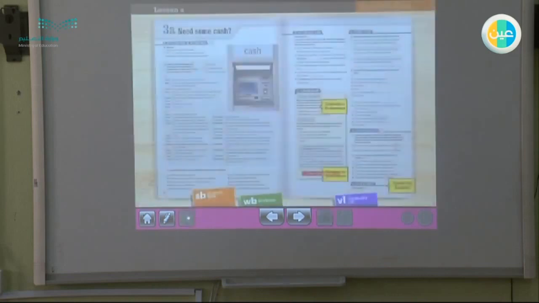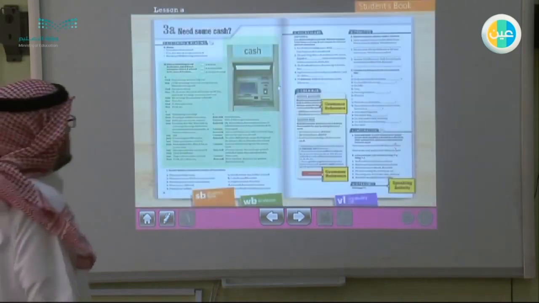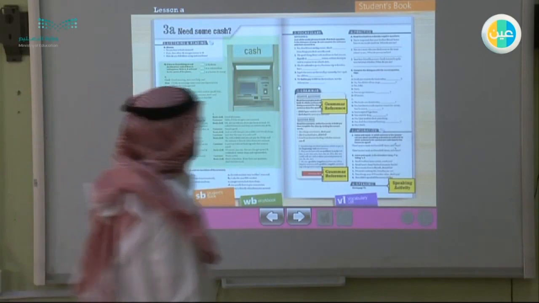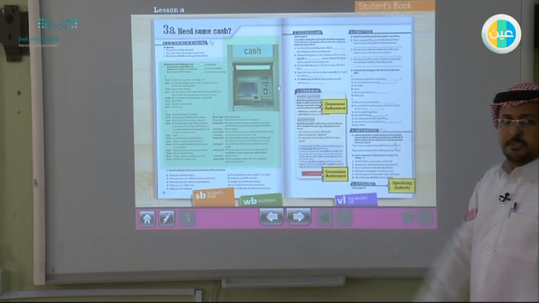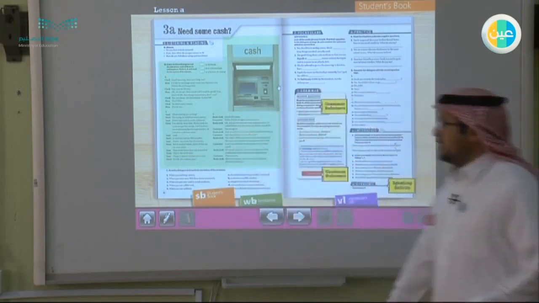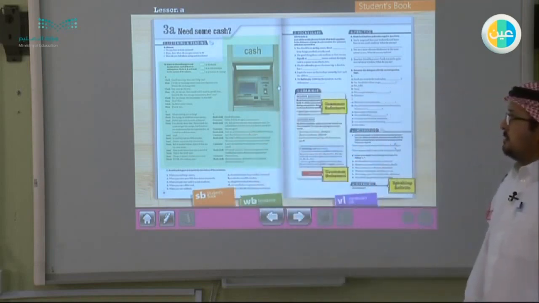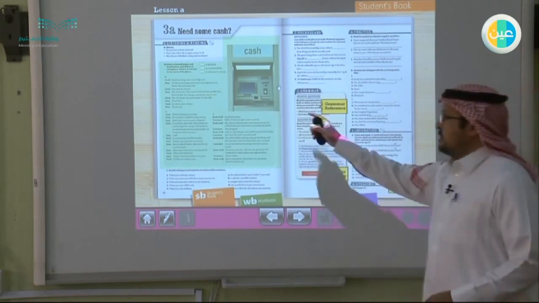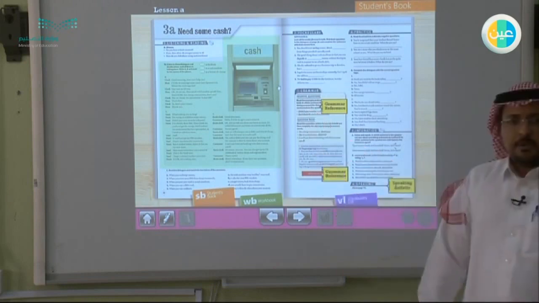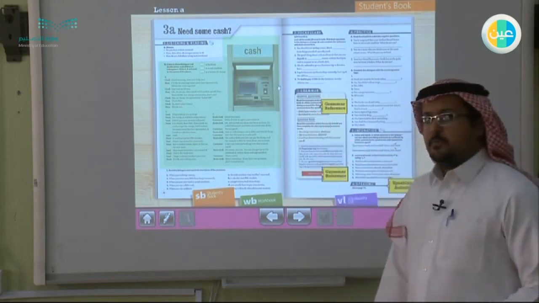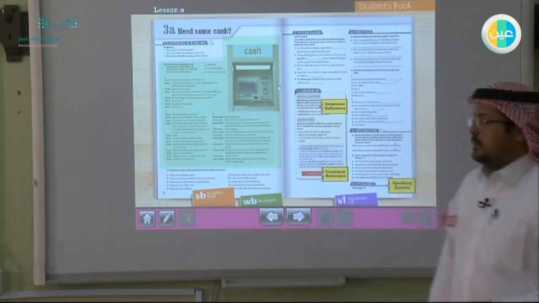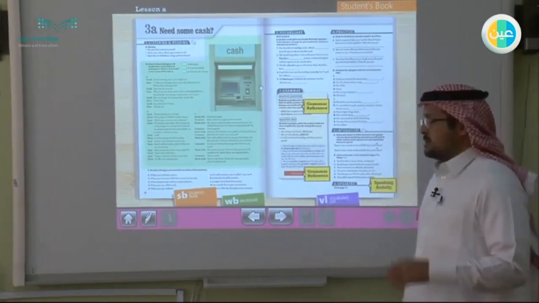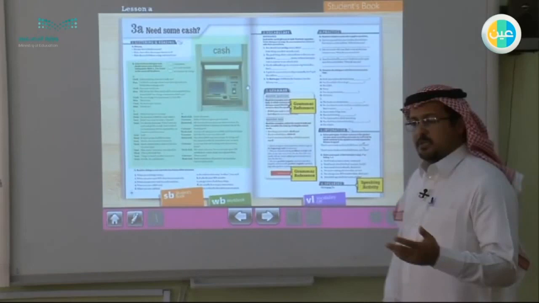For a quick revision, in the first section we talked about opposites from the previous reading section. Then we talked about negative questions, and we explained that we start with the negative question to express surprise or an exception.